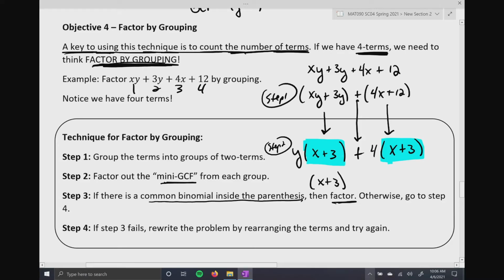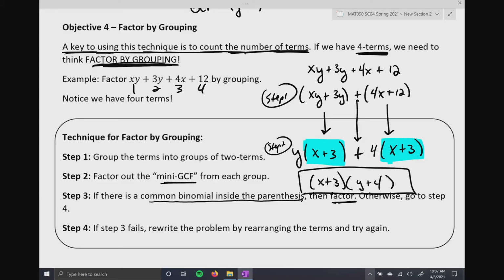And if I factor out the x plus 3, whatever is not highlighted is what will be left over inside your parentheses. And there's your answer. So, xy plus 3y plus 4x plus 12 factors into the quantity of x plus 3 times y plus 4.